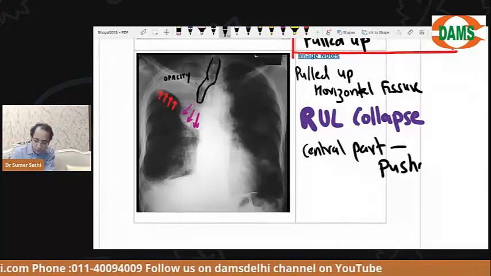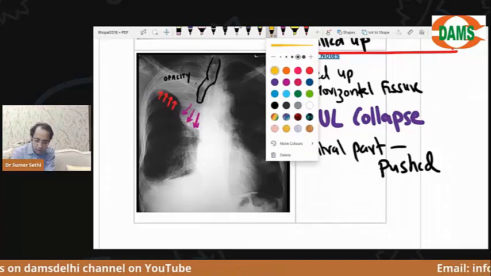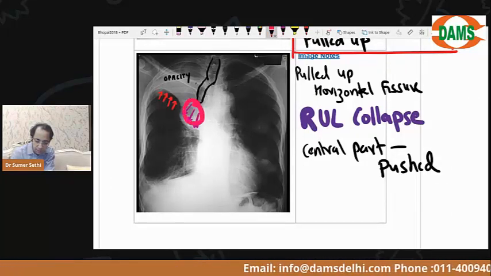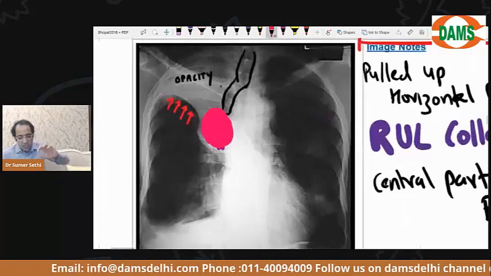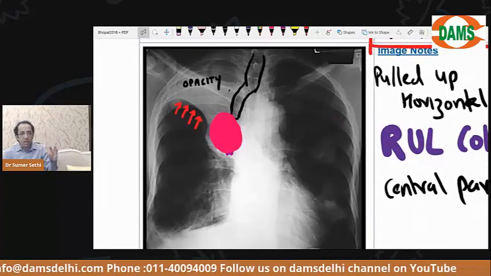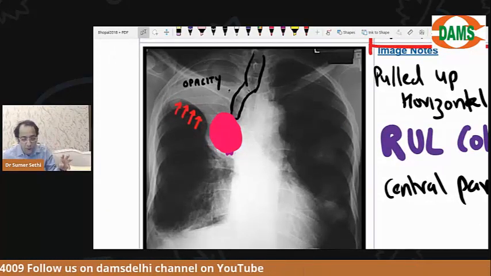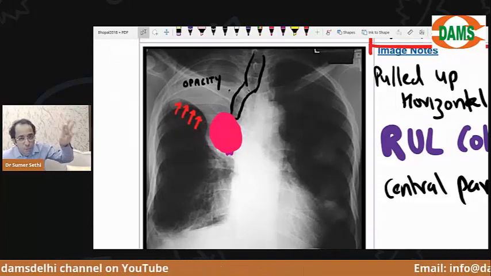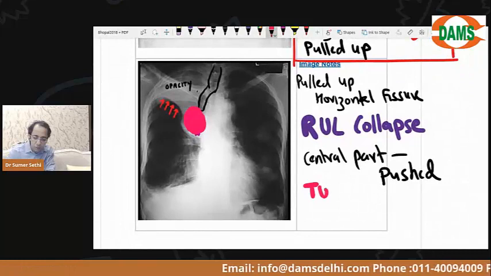That means there must be something heavy. There must be a heavy weight disease sitting here. So in the center we have a heavy weight disease which is causing bronchial obstruction as well as pushing the fissure down. What could that be? That could be a tumor.